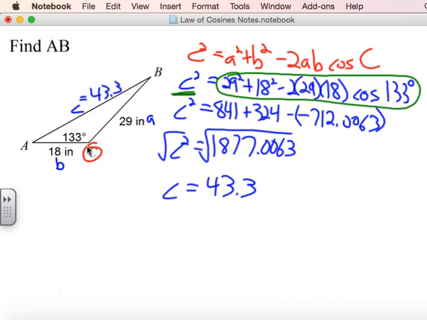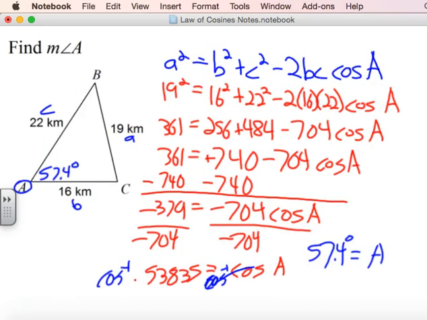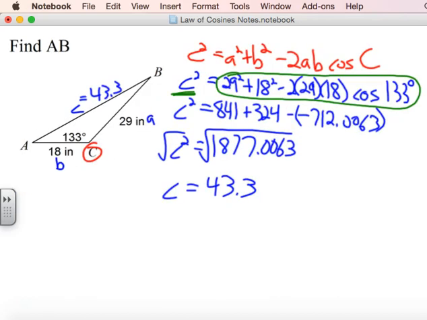But if it's like the first problem, where we're finding the angle, then you're not going to be able to type it all in at once, okay? But on this one, you could just type in 29 squared plus 18 squared minus 2 parentheses 29 parentheses 18 times cosine of 133, and it should give you the right answer, okay? All right, so appreciate all your attention, and we'll go ahead and practice. Let me know if you have any questions.